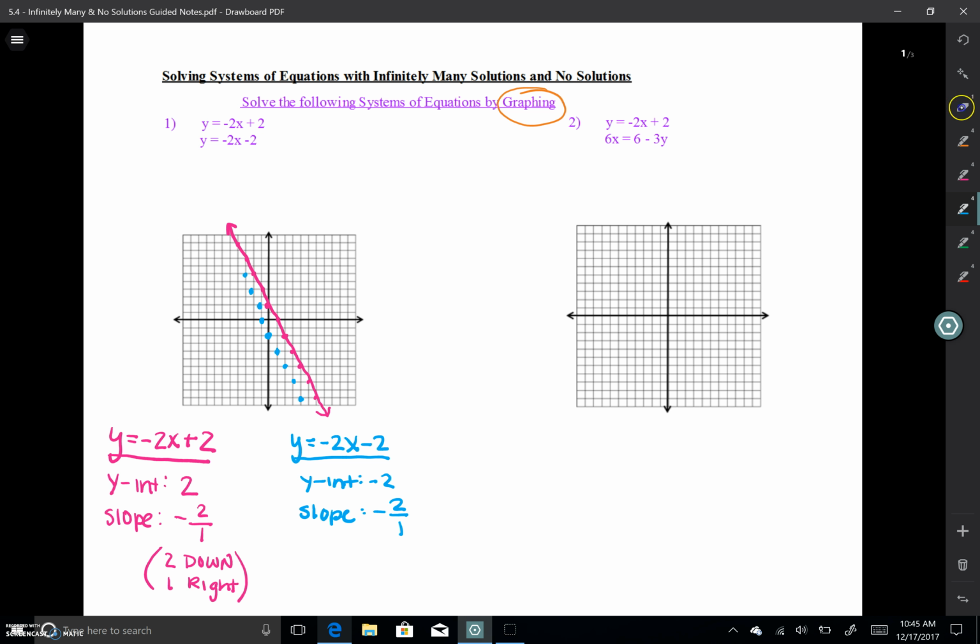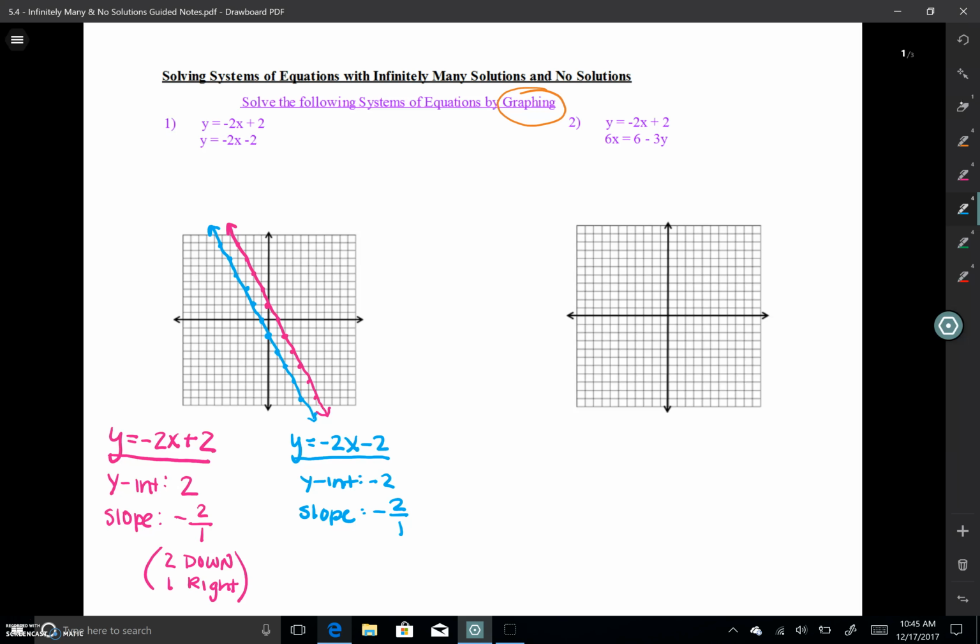Hold on, I made a little mistake right here. Let me erase these 3 points. Try again. There we go. Once I have all my points plotted, I can connect them. And that blue line there is the graph of my second equation.